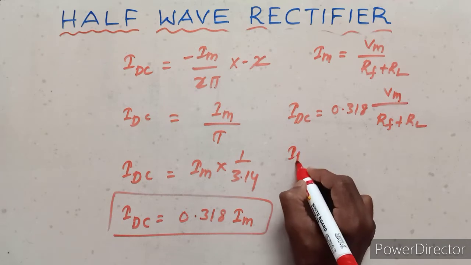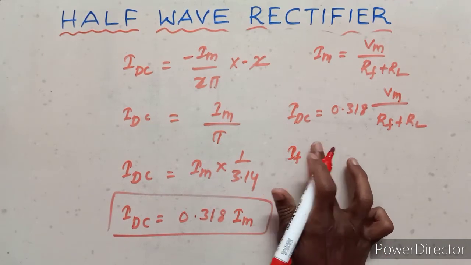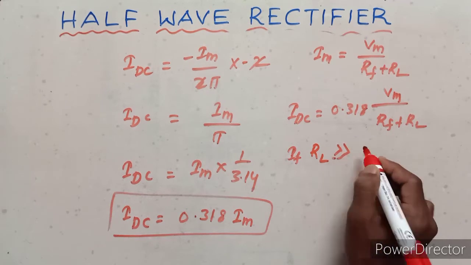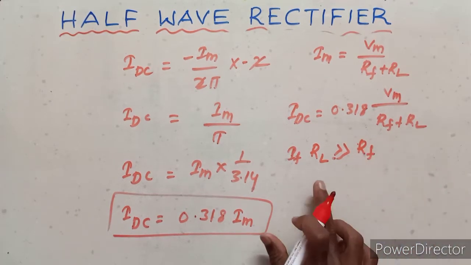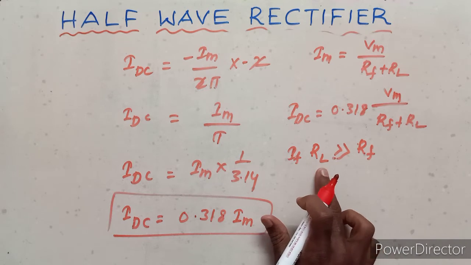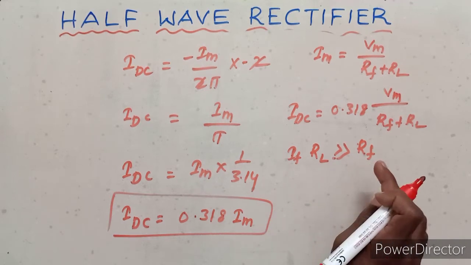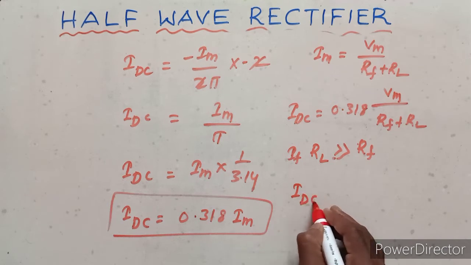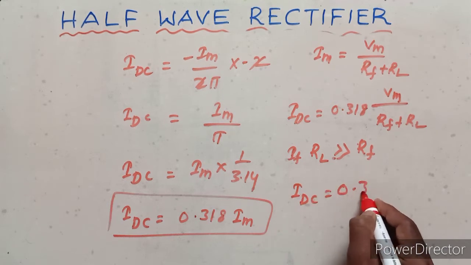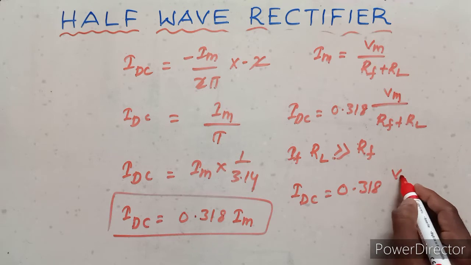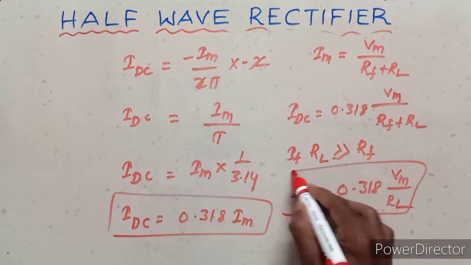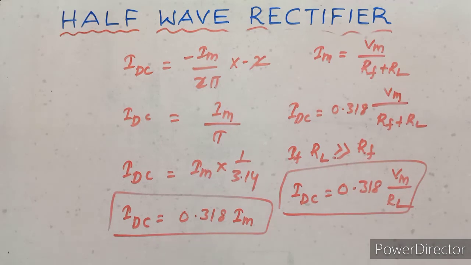If the load resistance is very high, much greater than the forward resistance, then the forward resistance is 0. So the DC current equals 0.318 Vm upon RL. This is the DC current value.